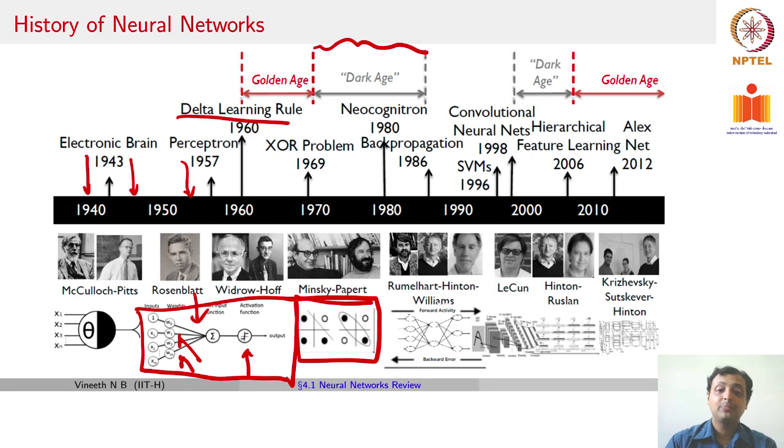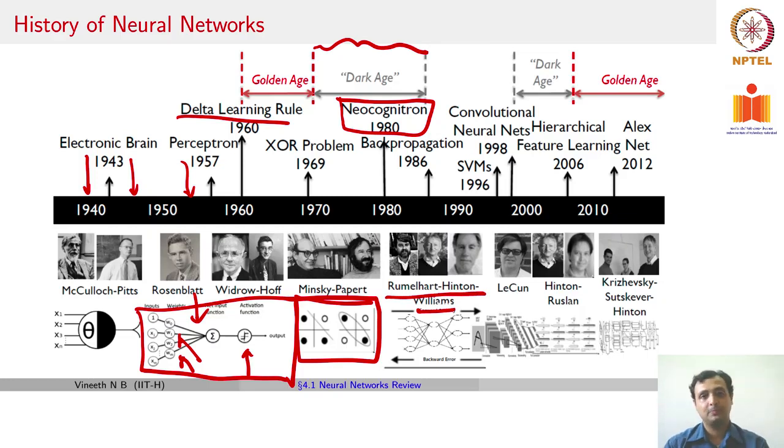In the 1980s, the interest once again revived with the development of neocognitron in 1980, which is largely considered as the first version of a convolutional neural network. And in 1986 was the development of a groundbreaking algorithm, backpropagation, which we use to this day by Rumelhart, Hinton, and Williams.